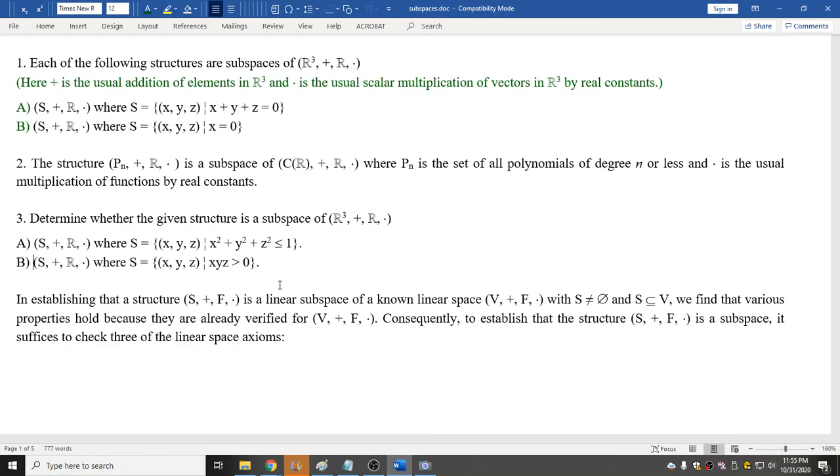If the answer is affirmative, then you have to verify the four subspace properties. If it isn't, then you're going to have to display which of those four subspace properties is not satisfied. So let's go here.